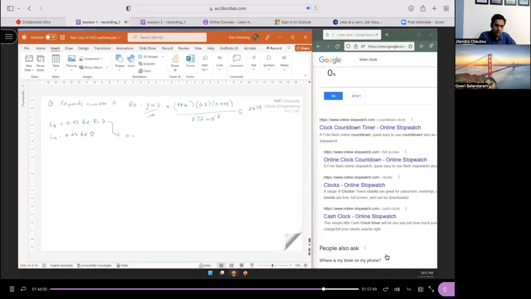So here we have 0.05 divided by 2070, and the Prandtl number is 0.7. 4.83, sorry. And diameter is... so we've got this length.